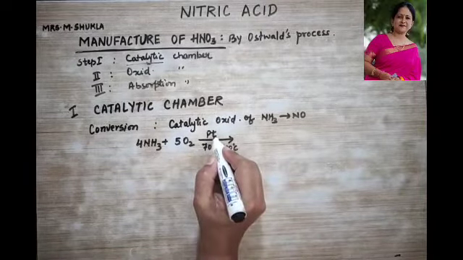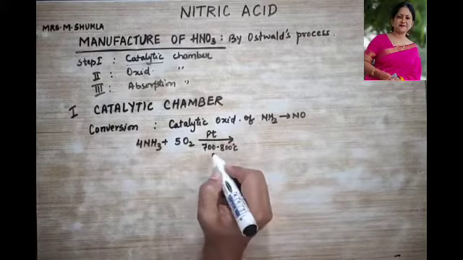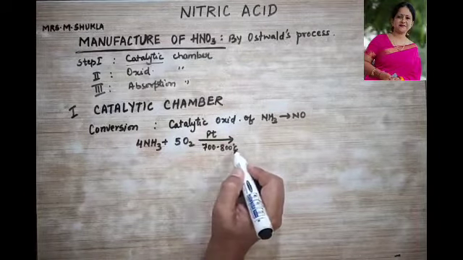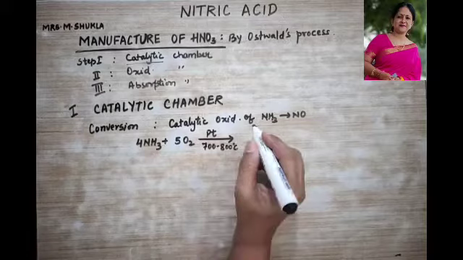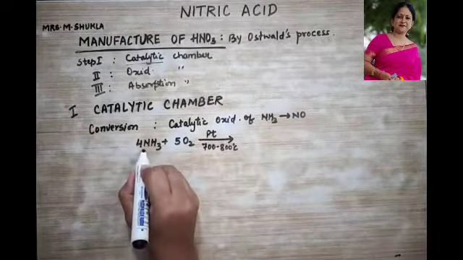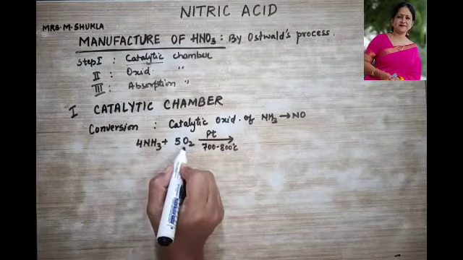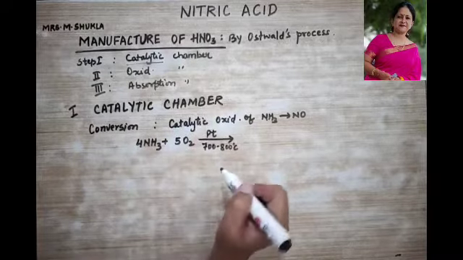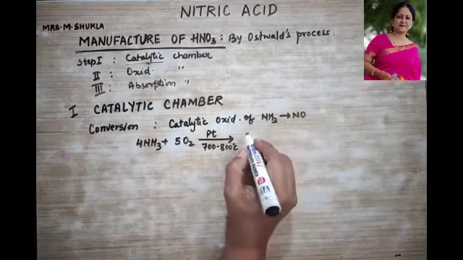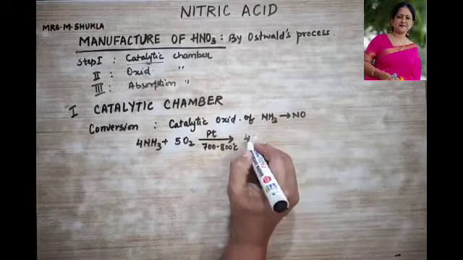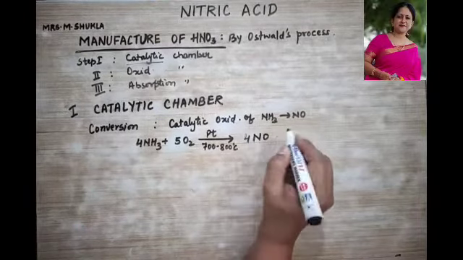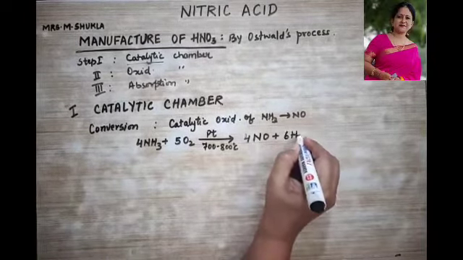So this platinum is initially heated at 700 to 800 degrees Celsius, and thus when we pass ammonia and oxygen through this catalytic chamber, it gives us what? Nitric oxide, NO, plus 6 parts of water.